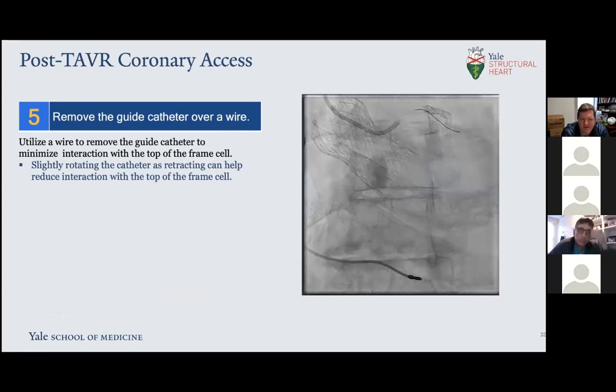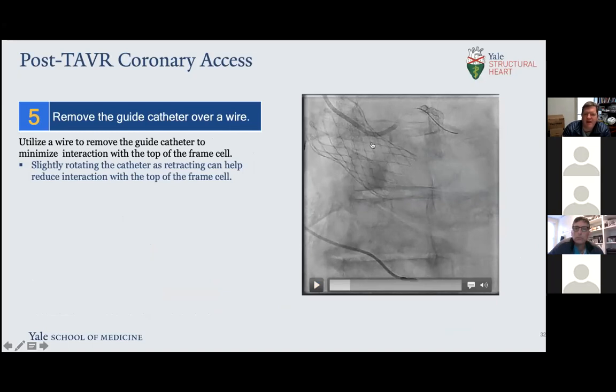The reason for this is that there have been a handful of cases where if you pull out the wire first and take a final angio with no wire in there at all, and then you pull back your guide catheter, instead of coming straight back, it wedges up into one of these frames here, and it can get really stuck in those frames.